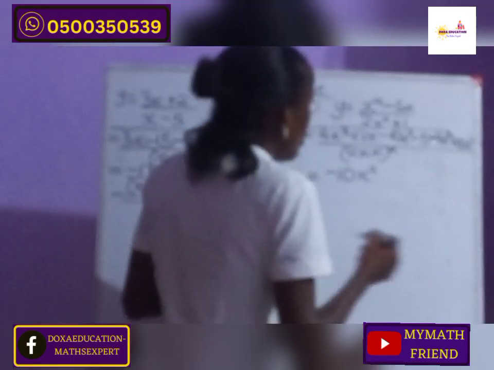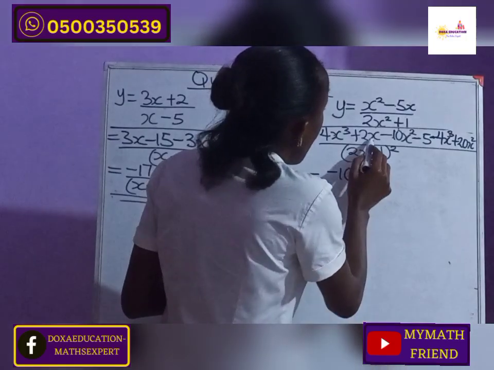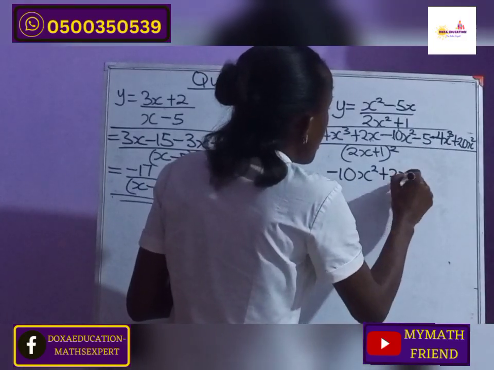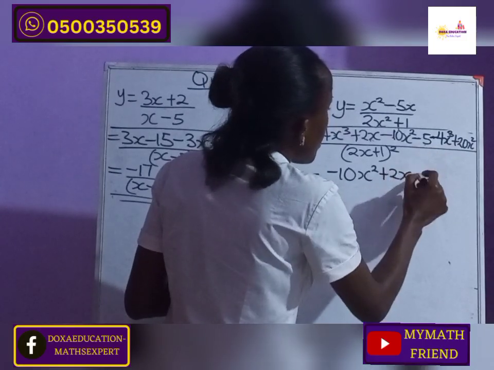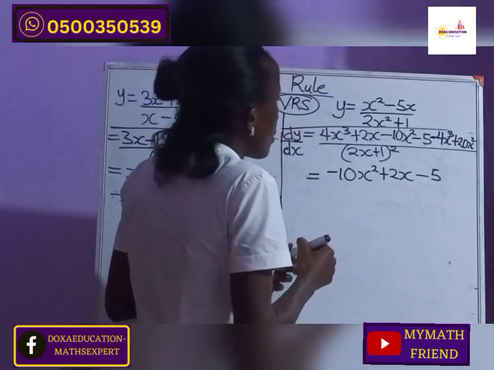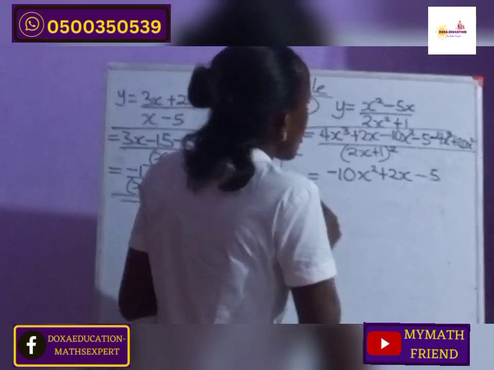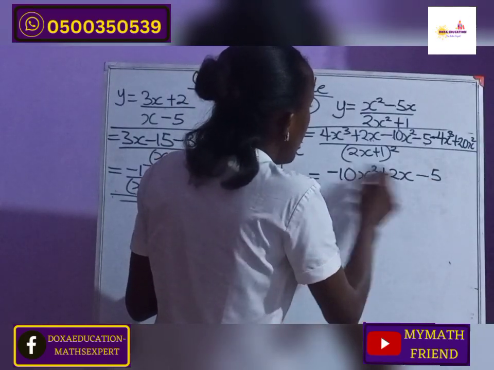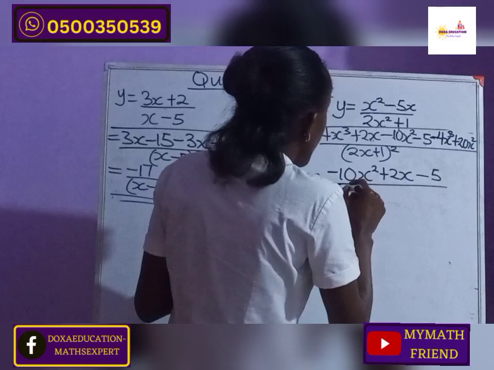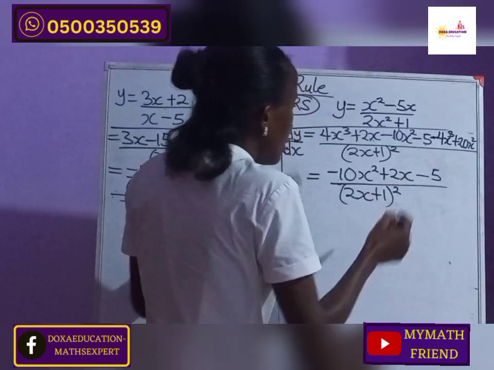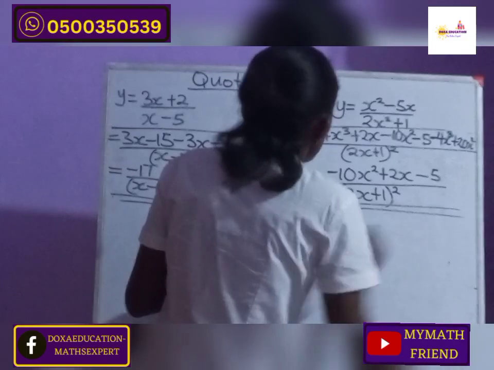And also, positive 2x doesn't have its like term, so plus 2x. There's a constant, minus 5. So we are just grouping like terms over here. Good. And that is it for there. So all out of 2x squared plus 1, all squared. And that is it, the answer.